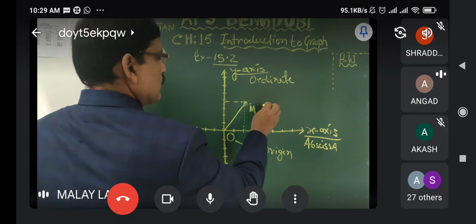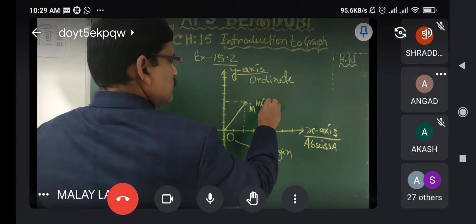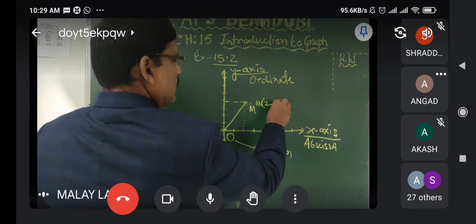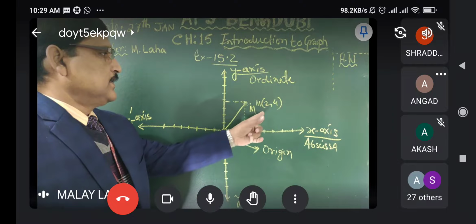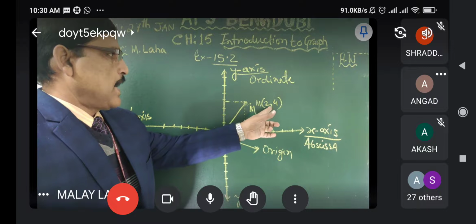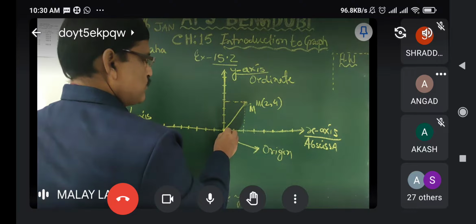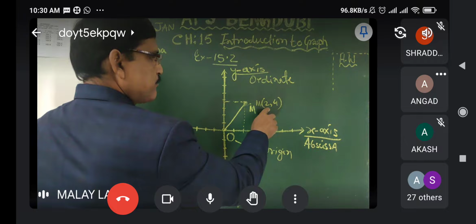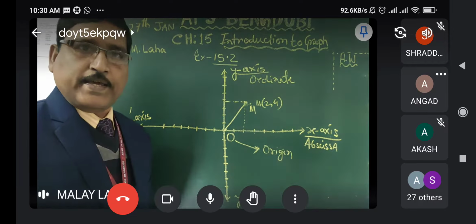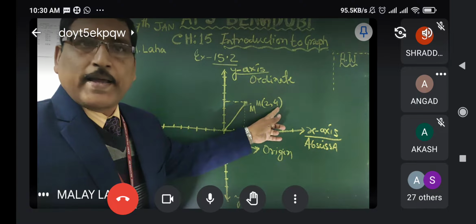So M will be 2, 4. That means it is 2 centimeter from the x-axis and 4 centimeter away from the y-axis. How to count? You have to count first horizontally. First point always will be for x-axis and second point always will be for y-axis.